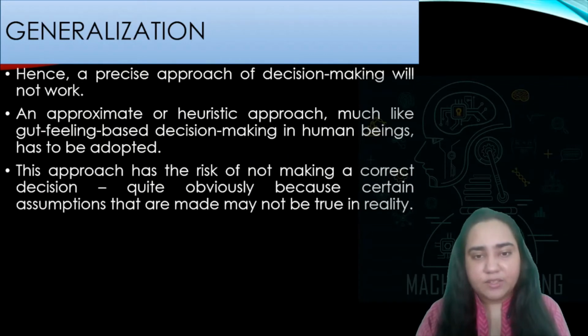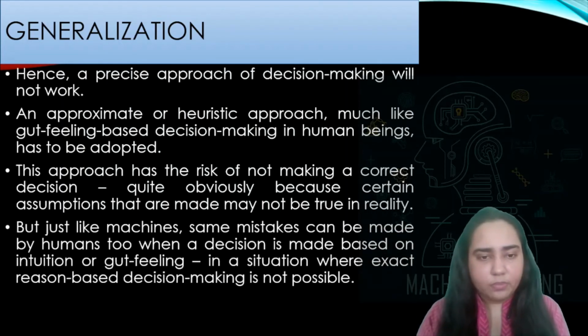And this approach has the risk of not making a correct decision, quite obviously, because certain assumptions that are made may not be true in reality. So due to the fact that some of the assumptions made by your model may not be correct, you might end up taking an incorrect decision. And that's okay, because we are trying to get an approximate result.